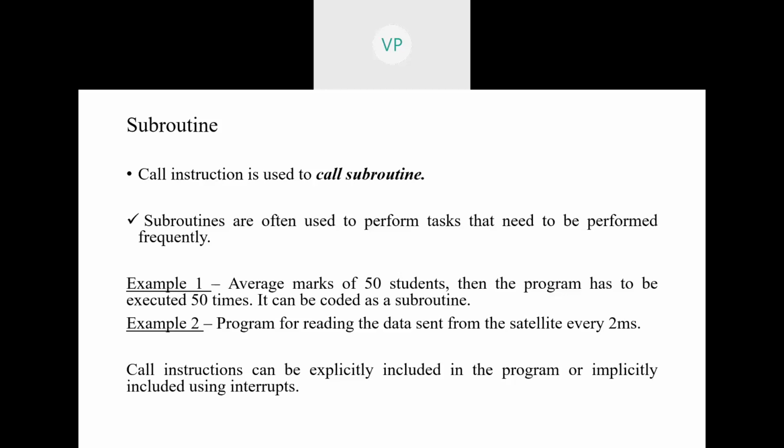It will do all the calculations and return for each of the students. Since there are 50 students, the code will be executed 50 times. For this kind of task, this could be written as one subroutine.